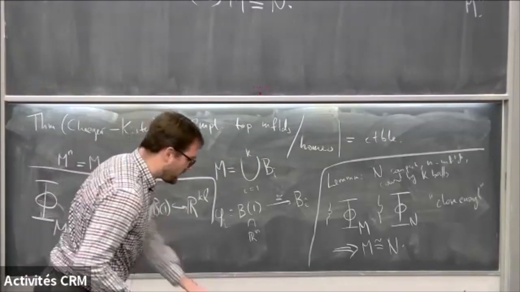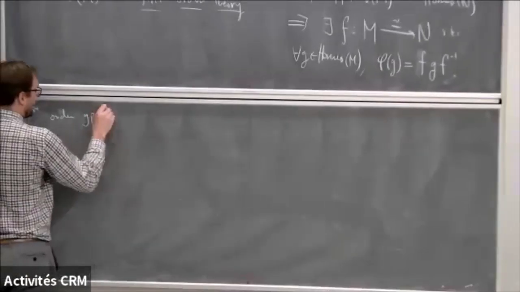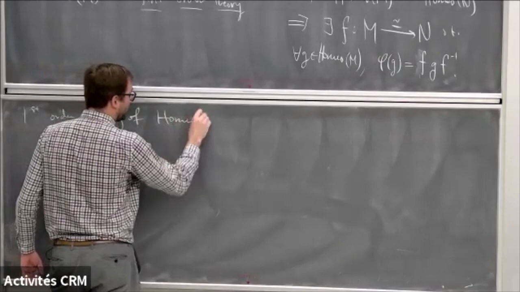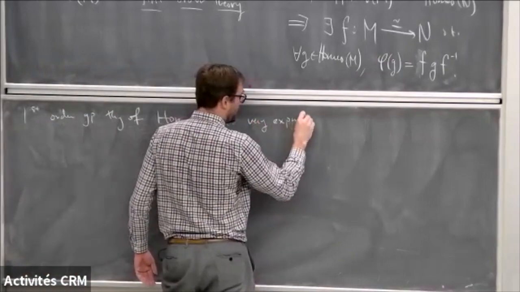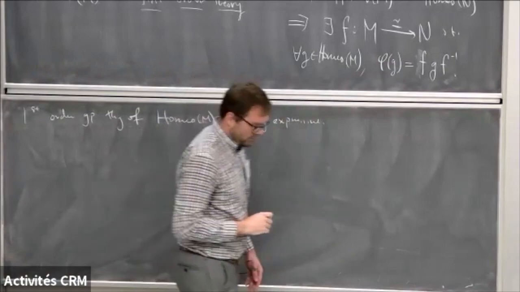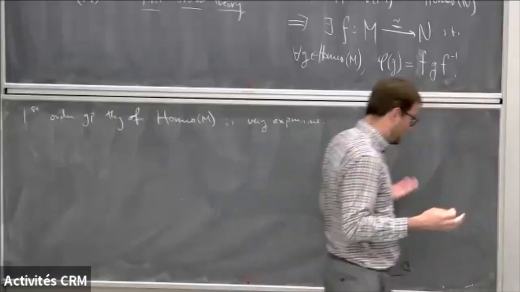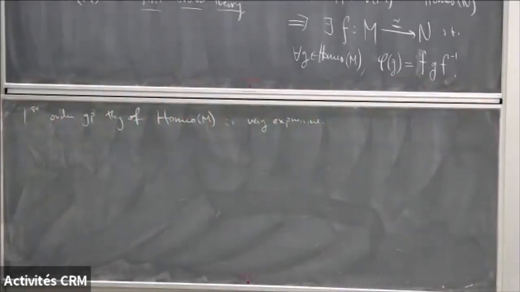So the mantra that one could say is that the first order group theory of the homeomorphism group of a manifold is very expressive. I hope that near the end of the talk, I'll be able to show you how almost absurdly expressive it is. It has too much power almost to be reasonable.